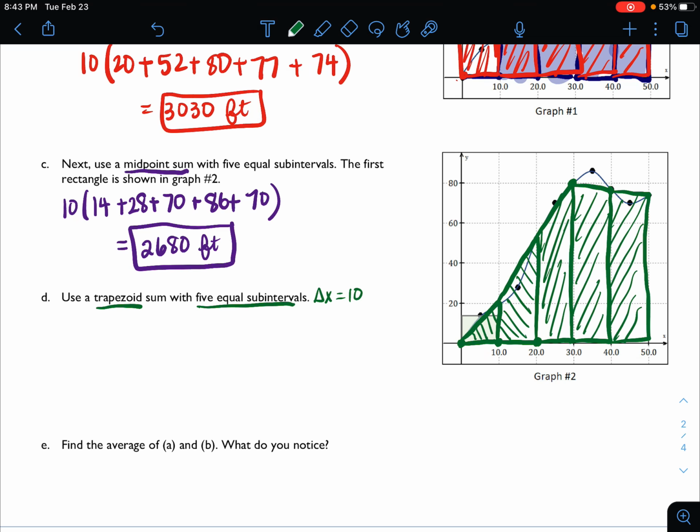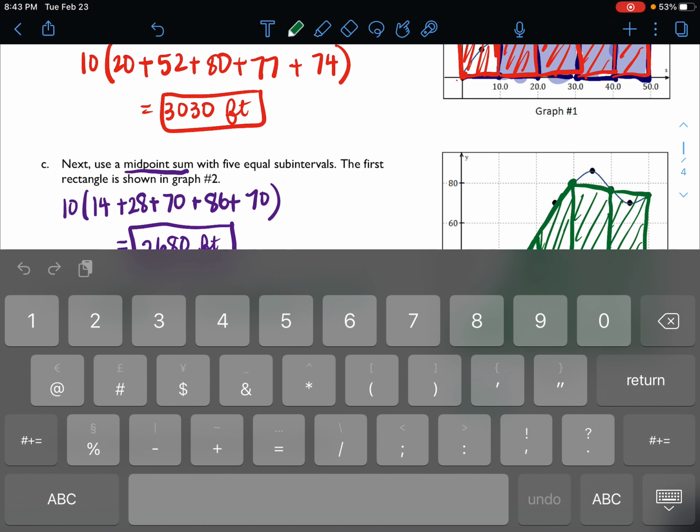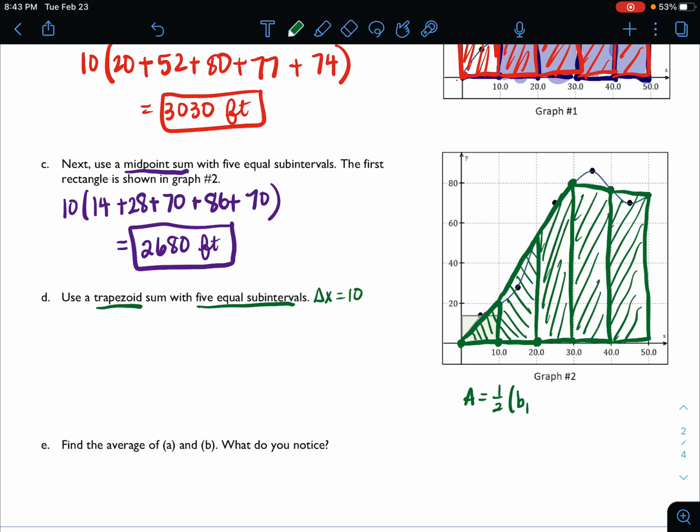A reminder that our area of a trapezoid, this is on your stuff you must know cold sheet, is half base 1 plus base 2 times your height. What we're going to do, I'm going to reorder that a little bit. It's going to be half times your delta x. That's handy if your delta x is the same.